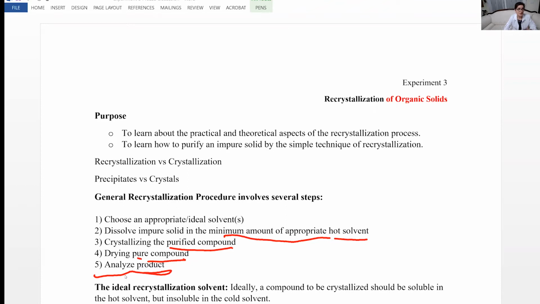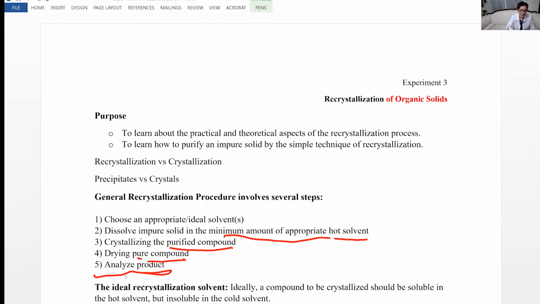So let's say your compound is impure urea. Impure urea is going to melt lower than 130 and is going to give broad range. After you purify it, it should give a melting point very close to the literature value, which is 134. And it also should show a sharp melting.